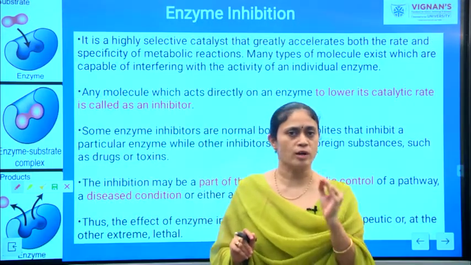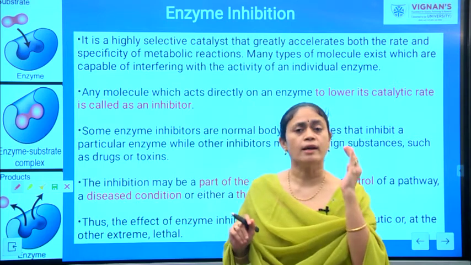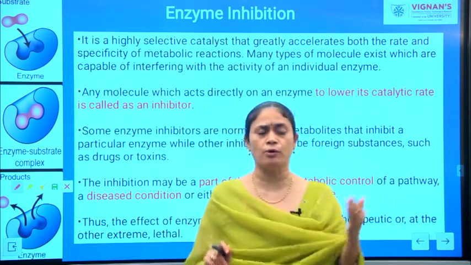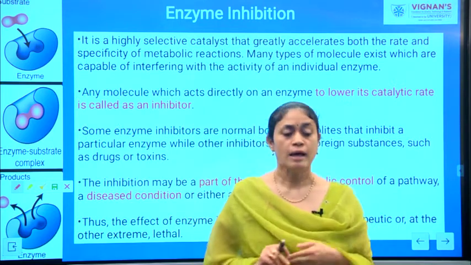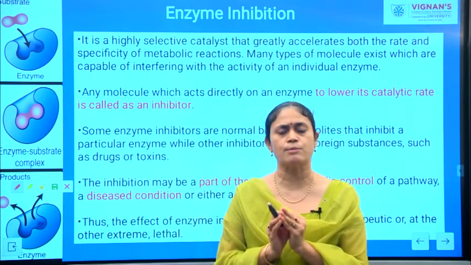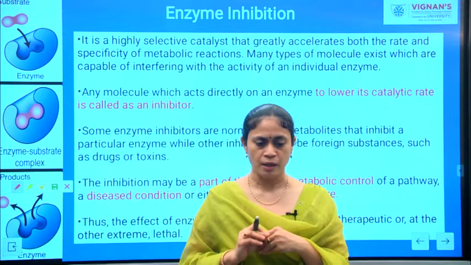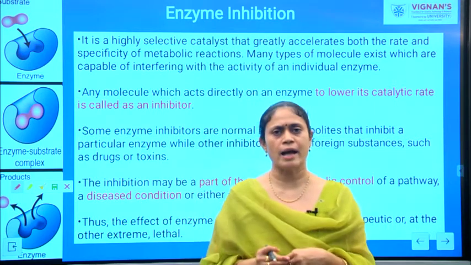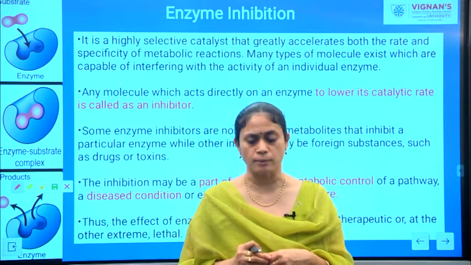First, we need to know what is an enzyme and what is an inhibitor. So, what is an enzyme? As we pretty well know, as we have been studying in enzyme technology, enzymes are mostly proteinaceous in nature. They are involved in various biochemical reactions taking place inside our body.